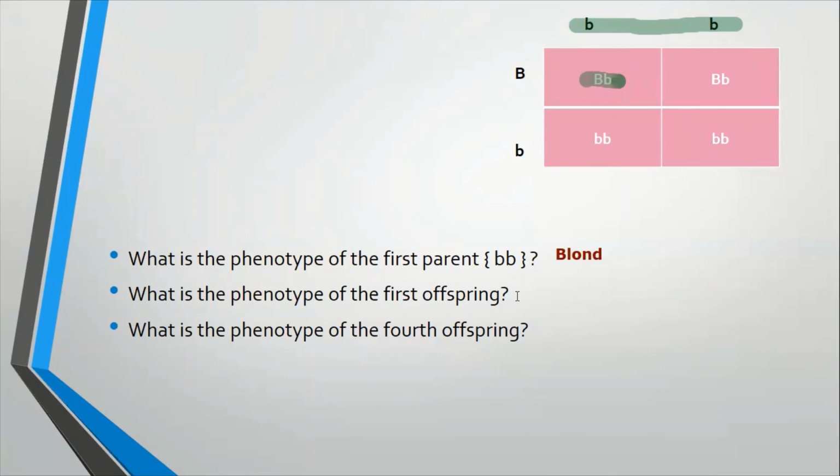So it will have black hair because it is dominant. Okay, what is the phenotype of the fourth offspring? The fourth offspring here is like the first parent. It's B small, B small. So we said it is homozygous recessive, so it will be blonde.